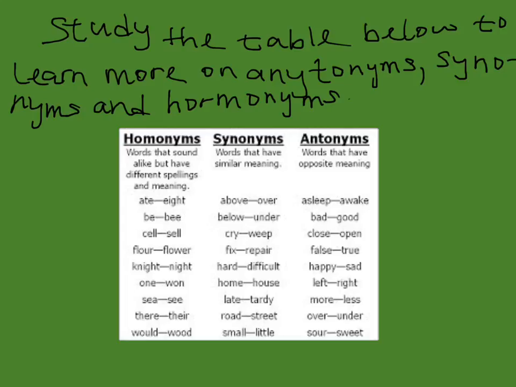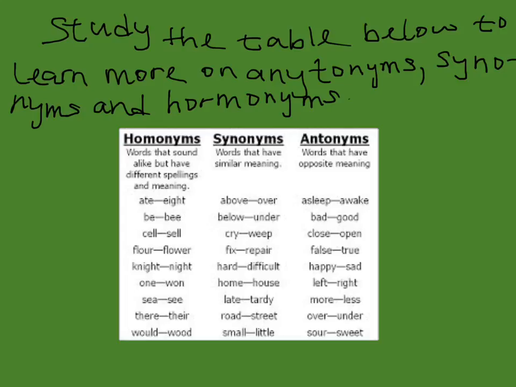We also have flour as in baking flour, and flower as in a plant. We also have knight as in a religious figure, and night as in a time of the day. We also have one as in a figure, and won as in the past tense of the verb to win.